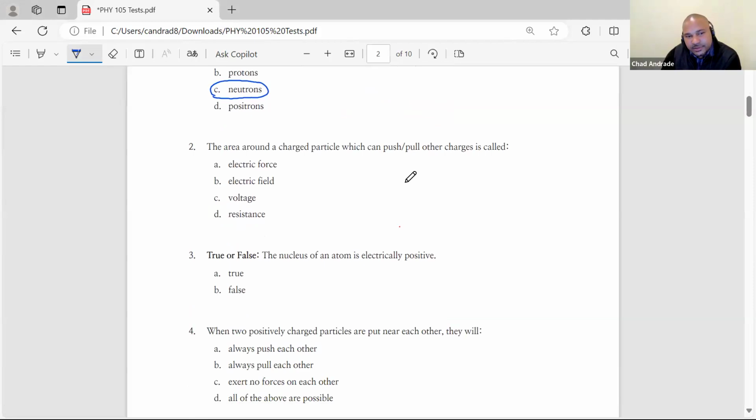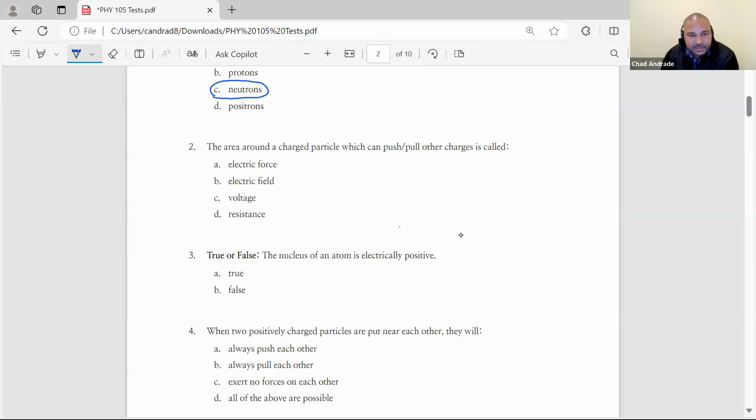Then the second question: the area around a charged particle which can push or pull other charged particles. It would be fun if you guys try to beat me to the punch. What do we call the area around a charged particle that can push or pull other charges?